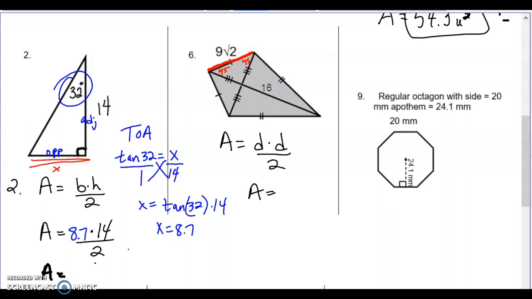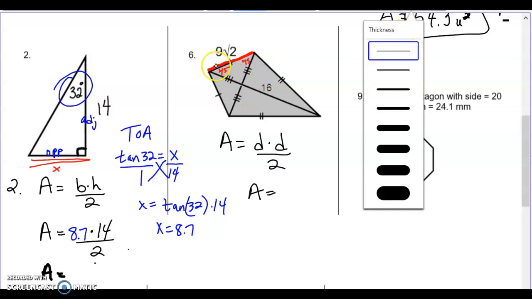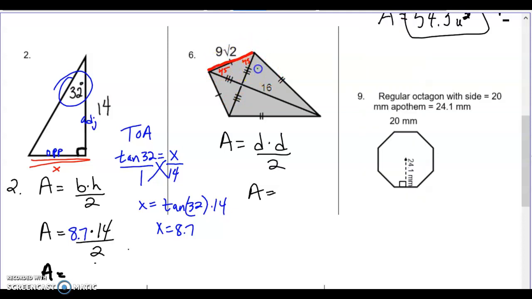So what that means is that if this red side over here is 9 square root 2, these pieces are 9. Notice that this piece over here also has 3 marks, so if that's 9, then this would be 9. How long are my diagonals now?